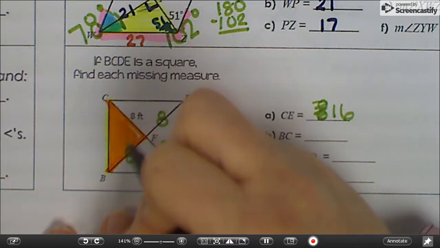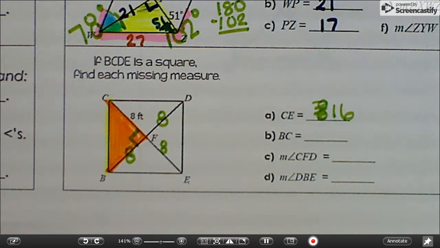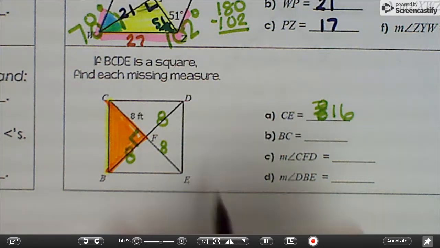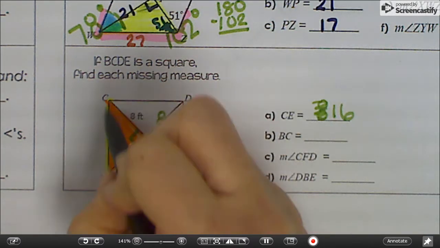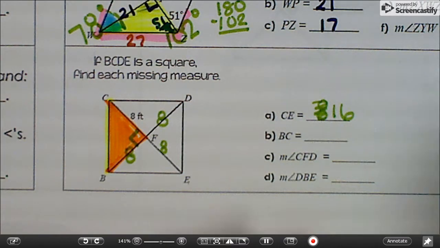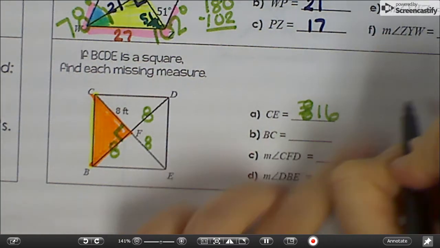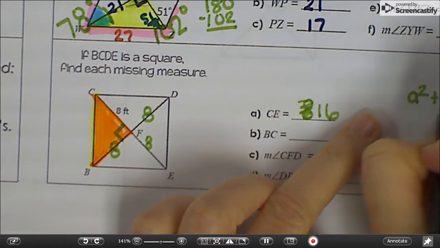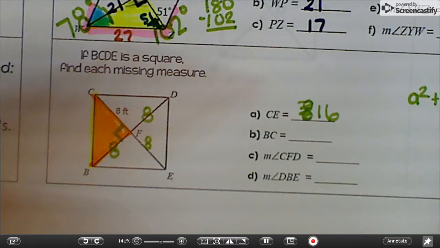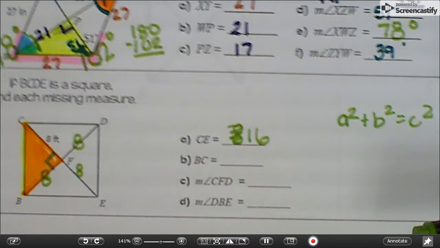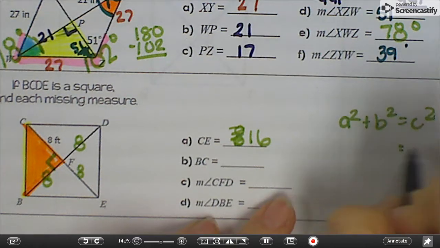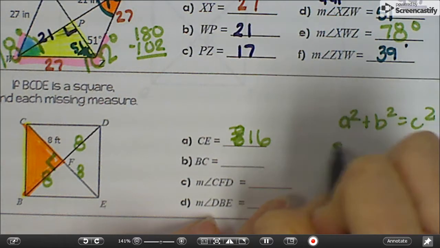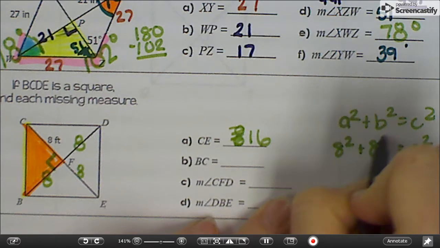We know that it's a right triangle because in a square, diagonals are perpendicular. And we really have this little guy right here, and we need to do the Pythagorean theorem again. So a squared plus b squared equals c squared. We don't know the hypotenuse this time, but we know both of the other ones. The legs are 8.